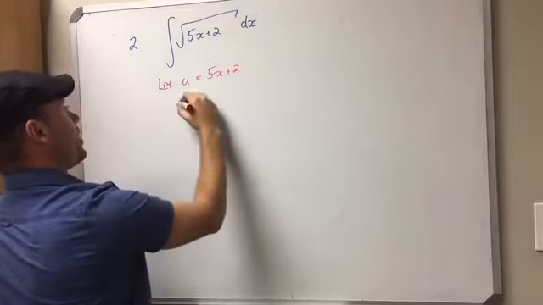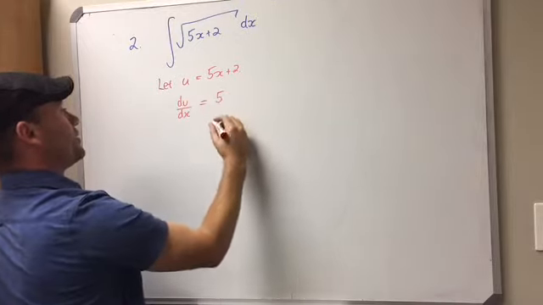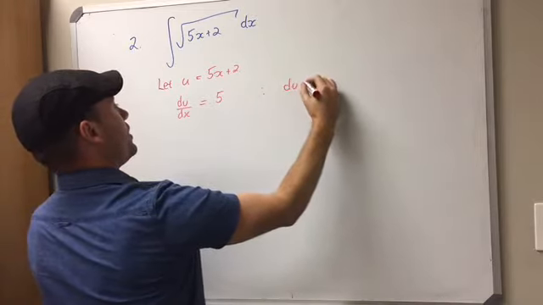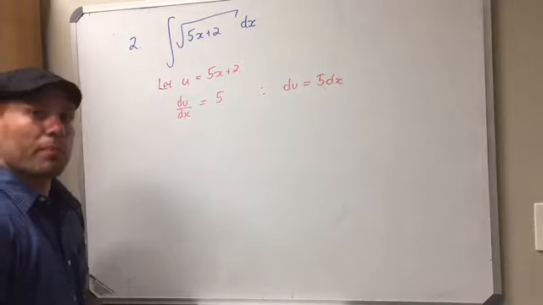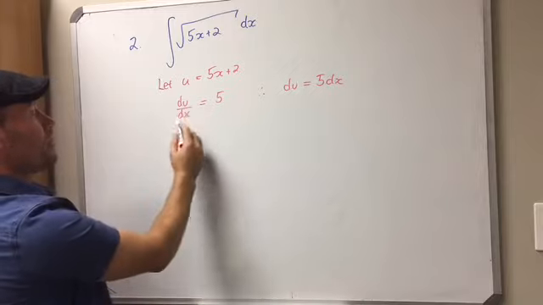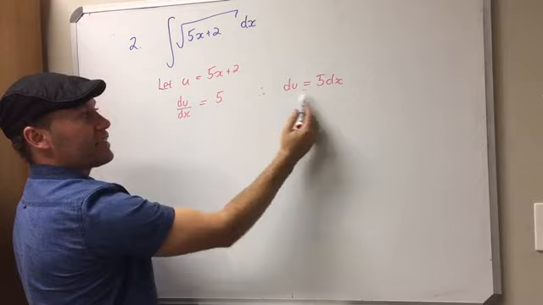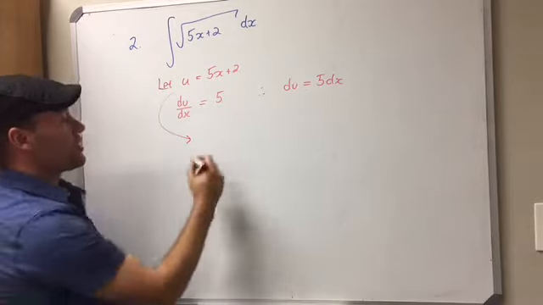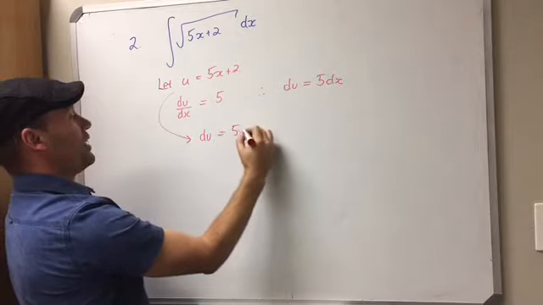Right? So therefore du by dx is equal to 5. So therefore du is equal to 5 dx. By the way, instead of doing this in 2 steps, first of all calculating du by dx, and then multiplying through by dx to calculate du, from now on, we're just going to directly write down du is equal to 5 dx.